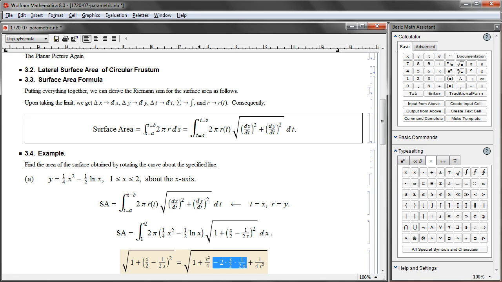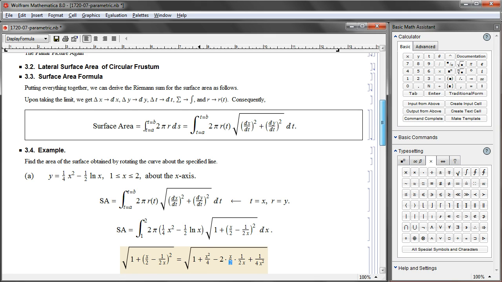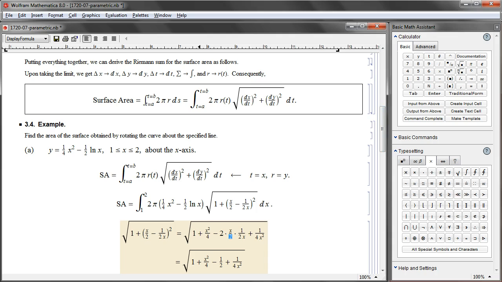But the middle part is interesting. 2ab, 2 times the first term times the second term. Do you see cancellation here? Well, I see this 2 in the numerator and the 2 in the denominator canceling out, and also the x in the numerator and the x in the denominator canceling out. Consequently, we have something like this.